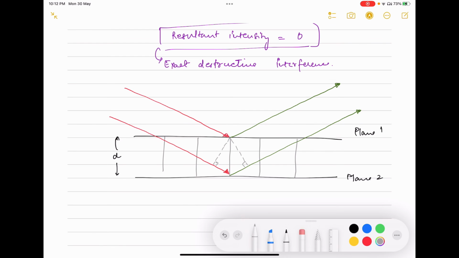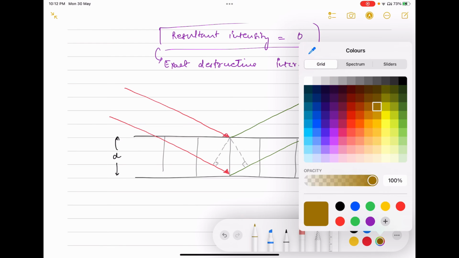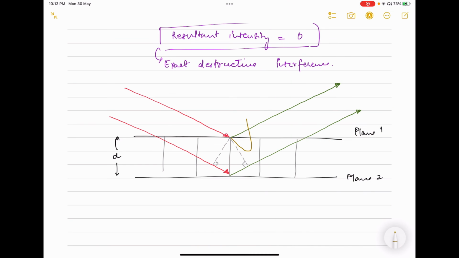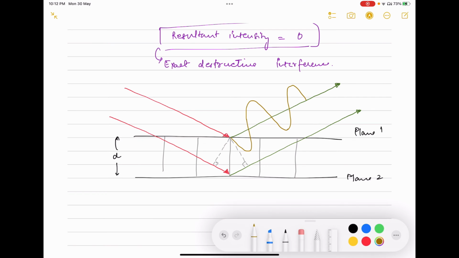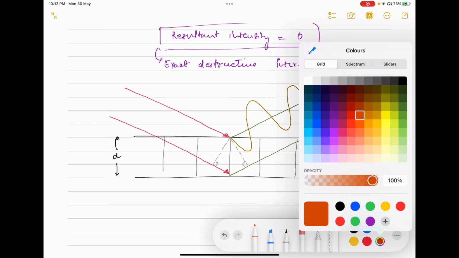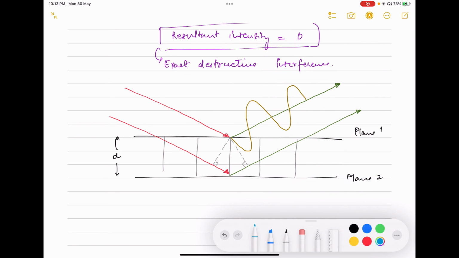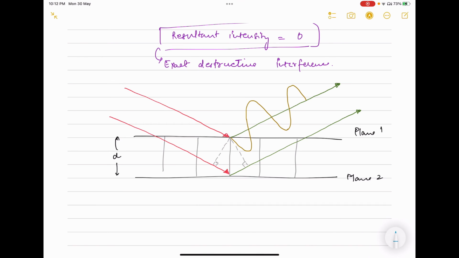Now suppose the above wave is like this, but the wave in plane 2 is not completely destructive, but slightly.